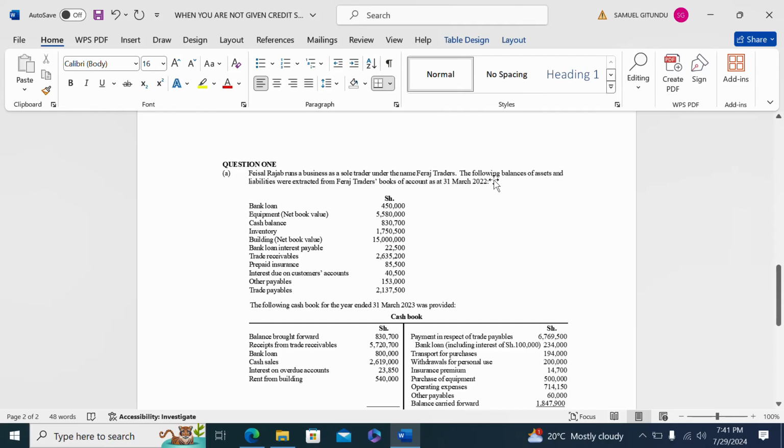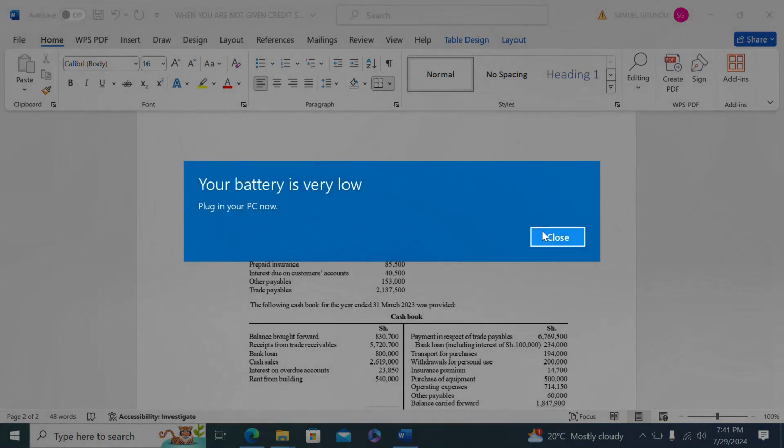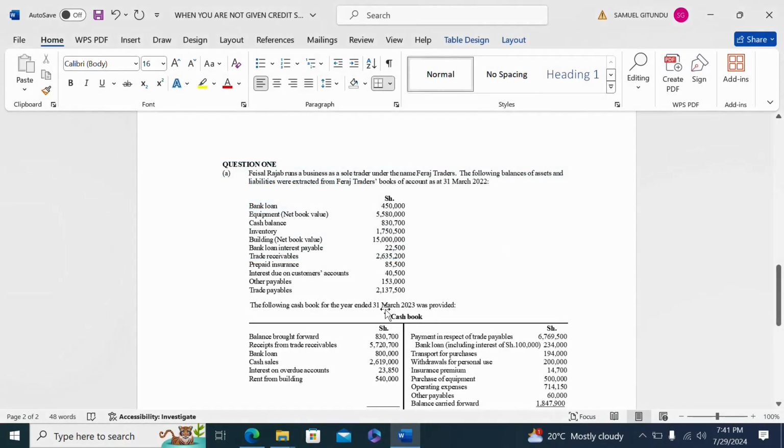We are not going to go through the whole question, but we are just going to work out the credit sales. The year is starting on 1st March 2022, and it is ending on 1st March 2023.